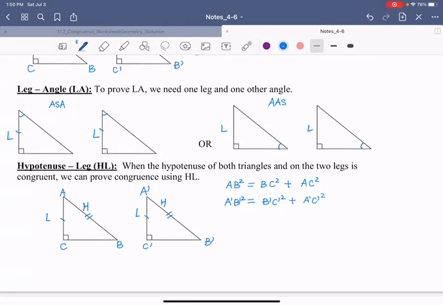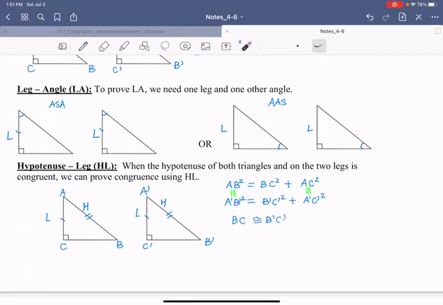Okay. Now look at this. These two congruent. You were given the hypotenuse congruent and AC, A prime C prime congruent. So does these two congruent? Yes. So BC is congruent to B prime C prime.